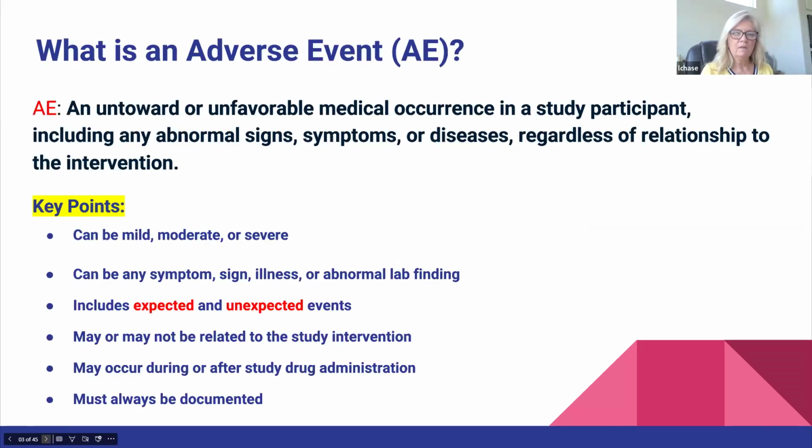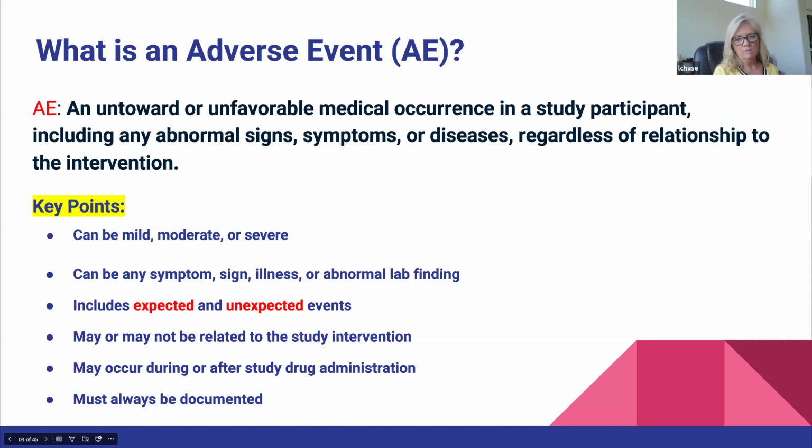You can go ahead and, okay. So we're going to start with an AE. An AE is an untoward or unfavorable medical occurrence in a study participant, including any abnormal signs, symptoms, or diseases, regardless of the relationship to the intervention. So the key points to this: it can be mild, moderate, or severe.